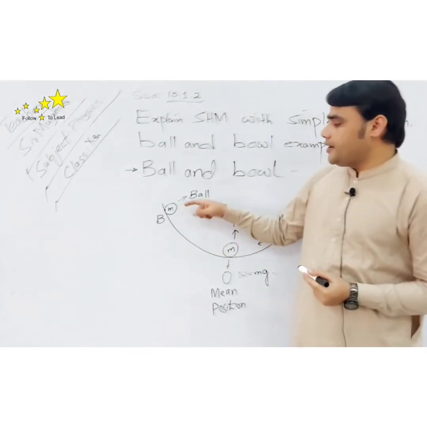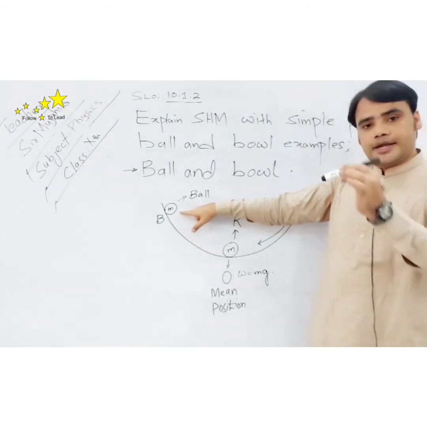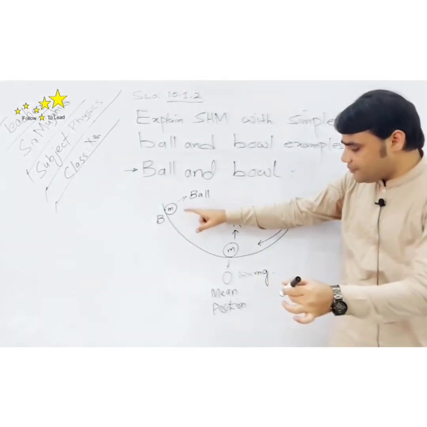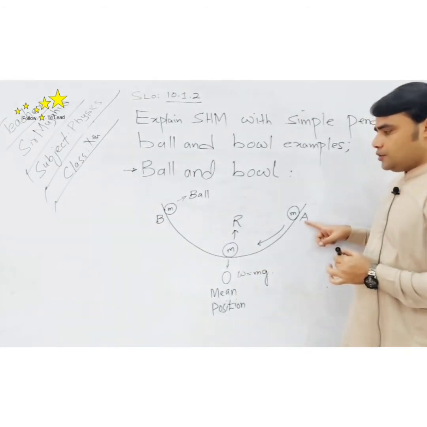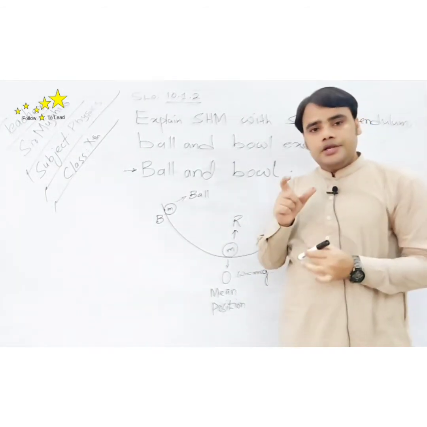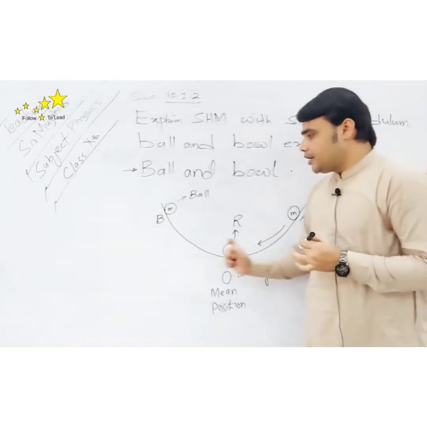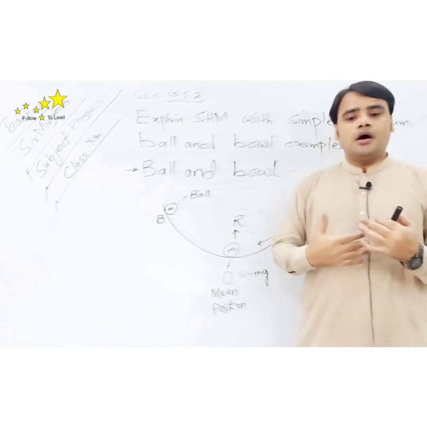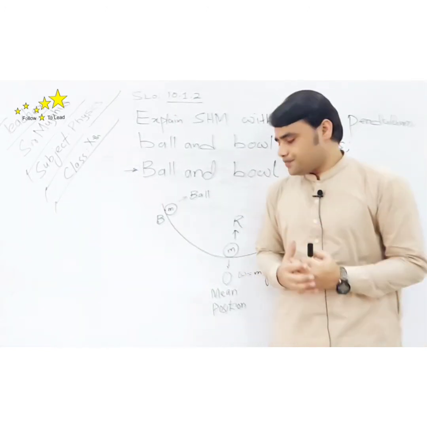When it arrives at position B, it stops for a while and again starts to oscillate from position O to position A. So it continues its to and fro motion between position A and position B until all of its energy is converted due to friction.